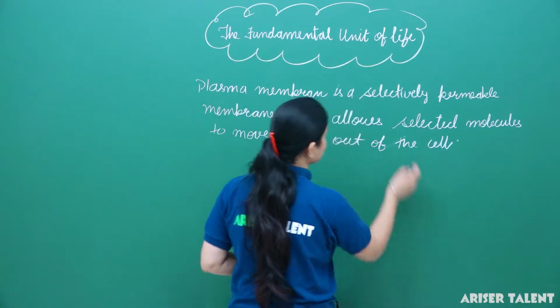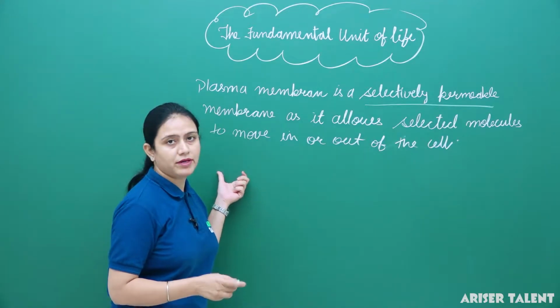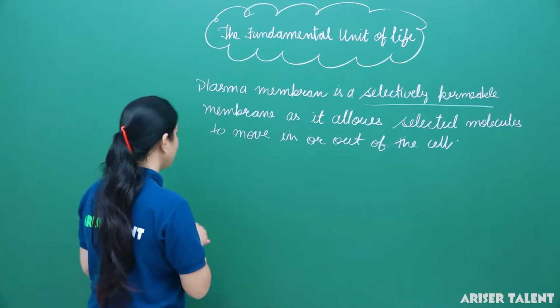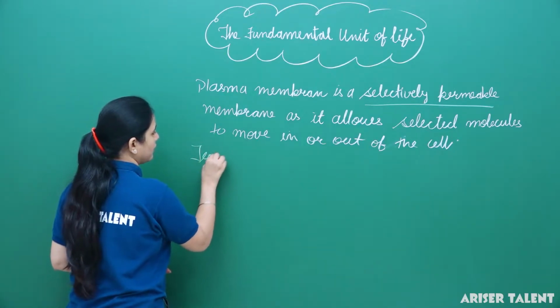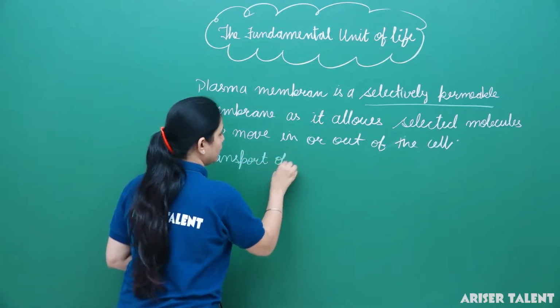Now, as it is selectively permeable, the movement of particles through the plasma membrane takes place in different manners. So now our next topic of discussion is transport of materials.